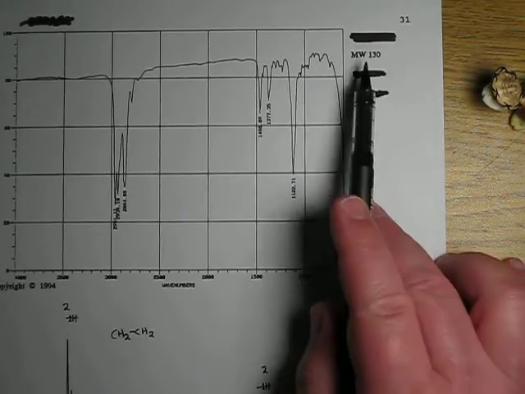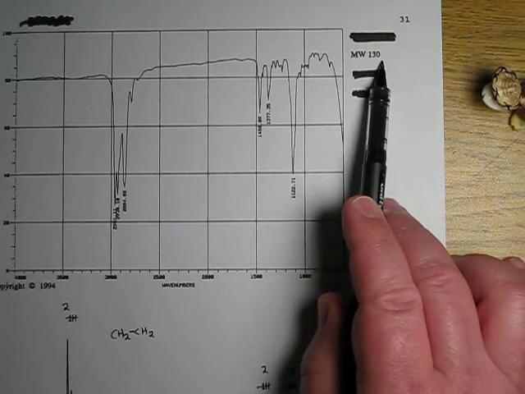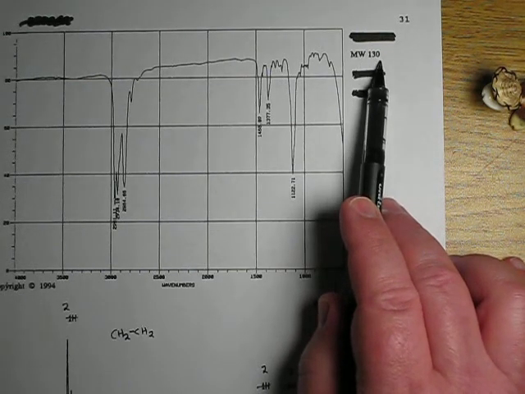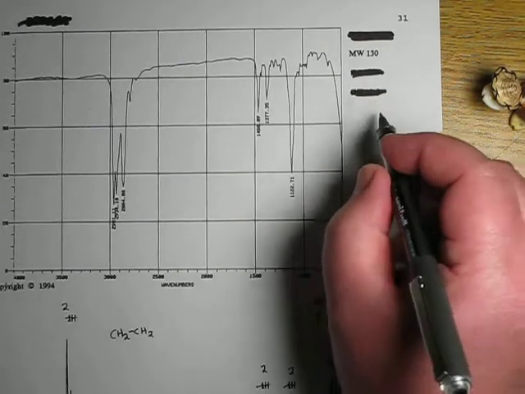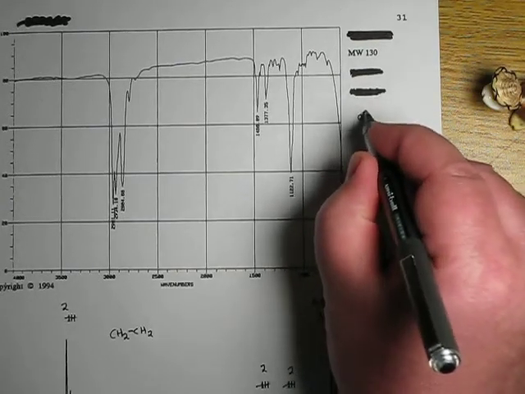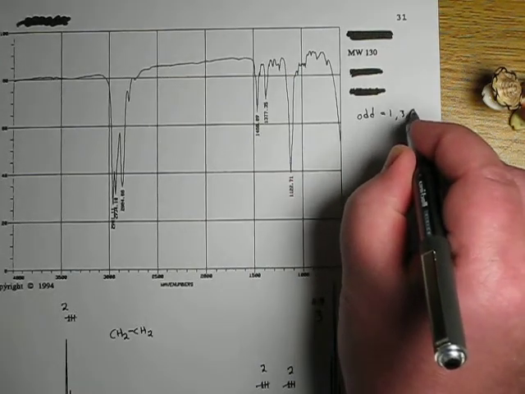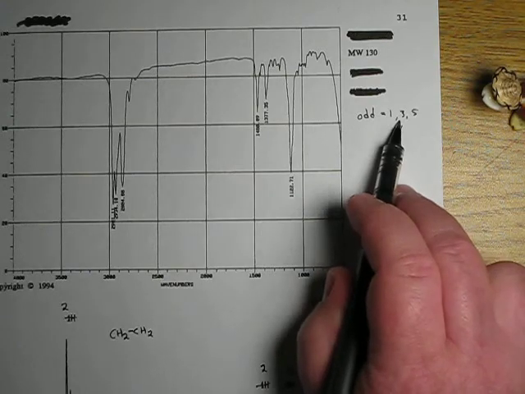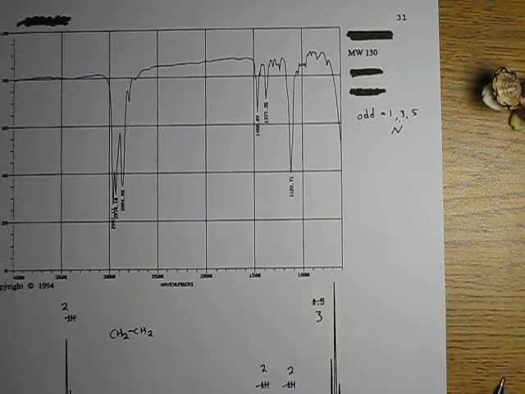Its molecular weight is 130. That's an even molecular weight. If your molecular weight is even, that means you have either none or an even number of nitrogens. It's just one of those things that if your molecular weight is odd, that equals 1 or 3 or 5 nitrogen atoms. And you rarely see 5. You don't even see 3 that often. So an odd molecular weight would mean you have 1, maybe 3 nitrogens in your molecule.